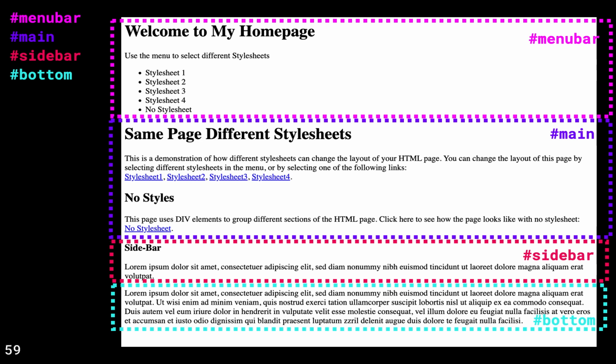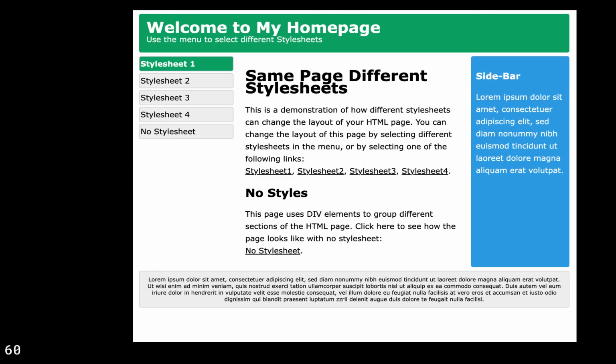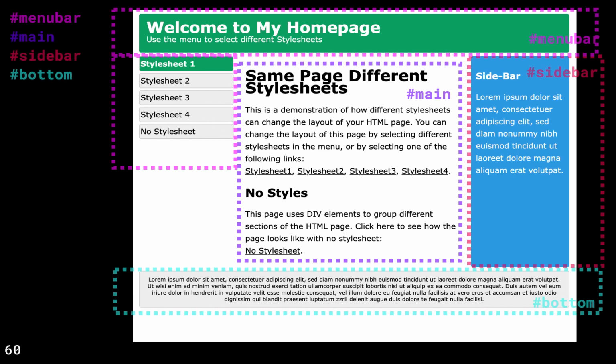Okay, so let's follow these. Let's try to follow these visually as we move through the different versions of this page. Here's style sheet 1. If we look here, I like to pay specific attention to those menu items. Look, they're all the same-ish, right?